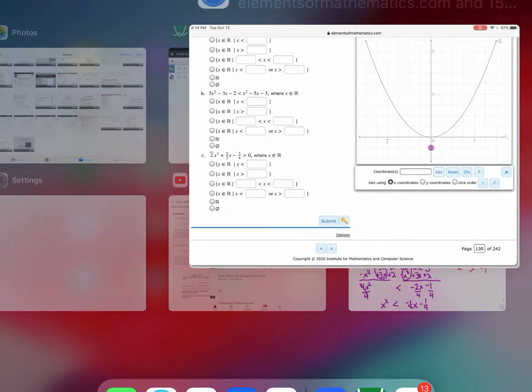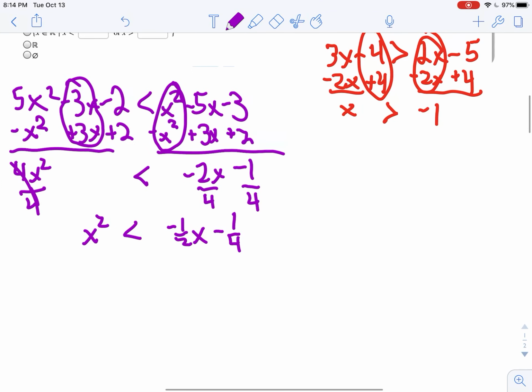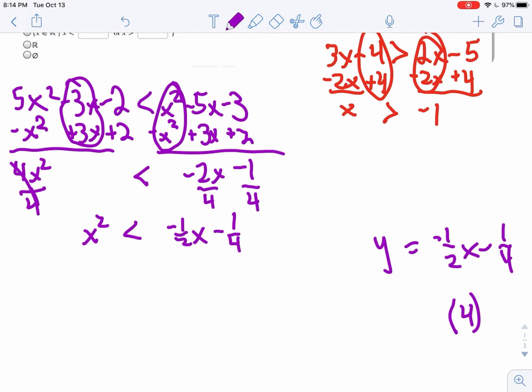Wait a second, let's do a little math over here. Again, we're graphing y equals -1/2 x minus 1/4, right? So let's try putting a number in. For example, let's say x happened to be 4. Now wait, I don't want to use 4. My graph just had a couple of spaces.